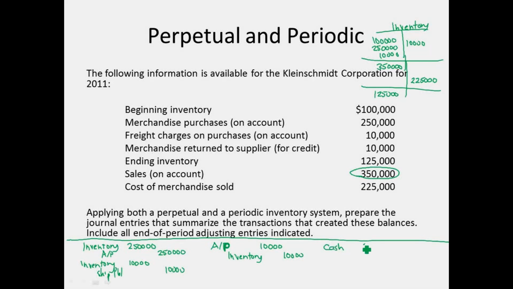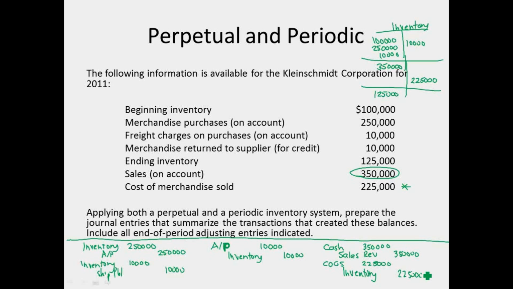As I make the sales, I sell it for $350,000. So what happens? I get cash, and I have sales revenue. And what do I do at exactly the same time? I record my cost of goods sold, which they're telling me is $225, and inventory.